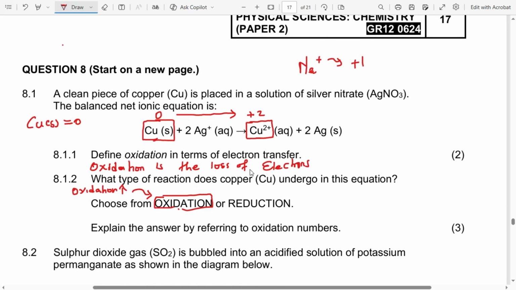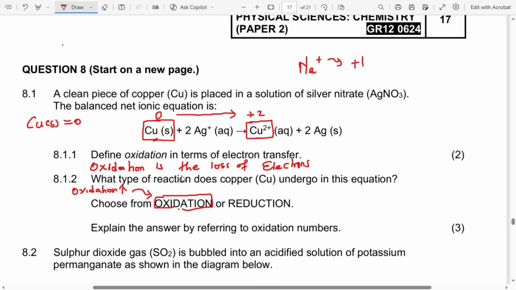Now let's link to electron transfer. I know I already said the correct answer is oxidation, but let me help you see how you can link it to electron transfer. Look at copper. The copper loses 2 electrons.